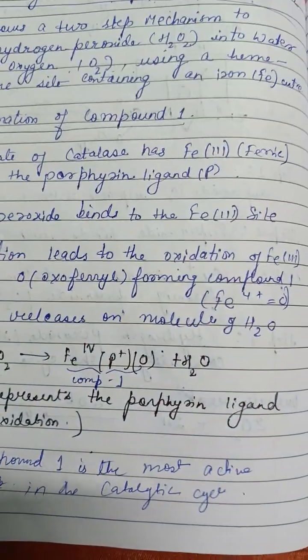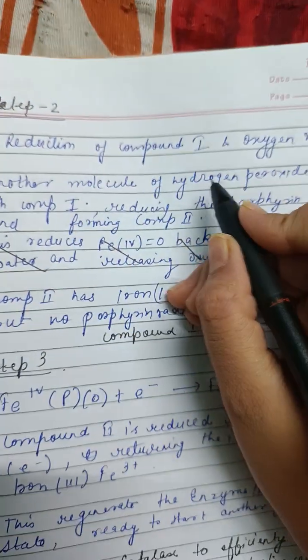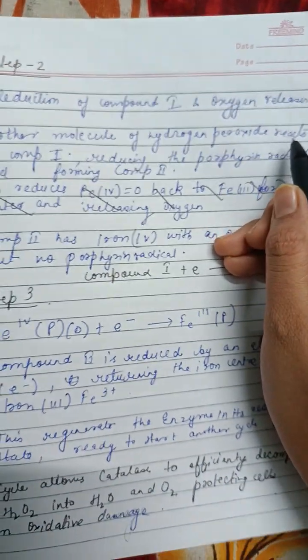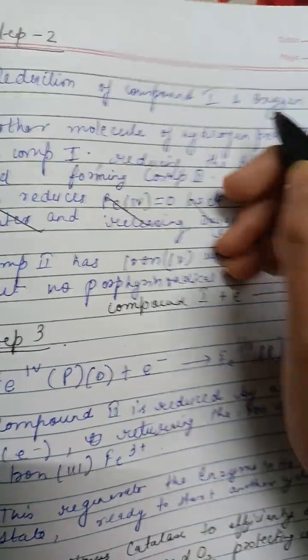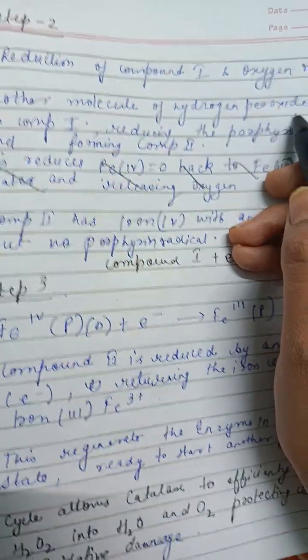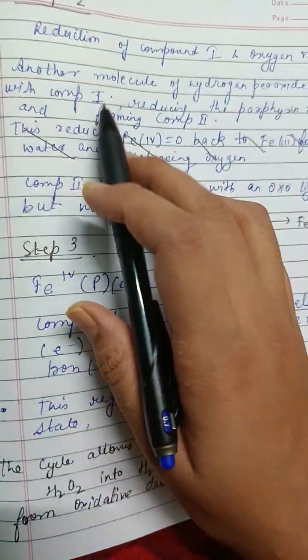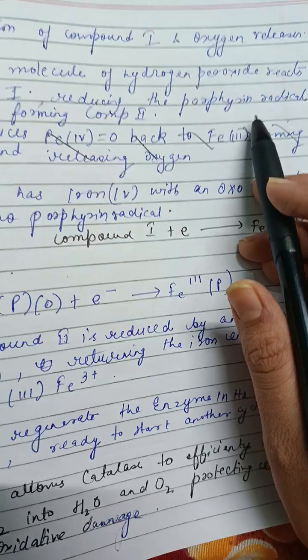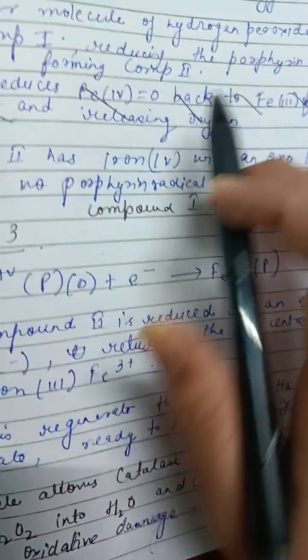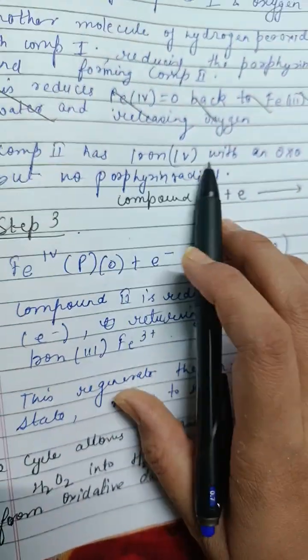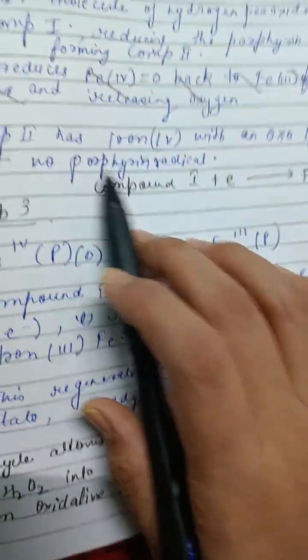Compound 1 is the most active intermediate in the catalytic reaction, meaning the process won't stop here. We are going to have the next step. What is the next step? Step 2, the reduction of compound 1 and oxygen release. Another molecule of hydrogen peroxide will react with compound 1, reducing the porphyrin radical and forming compound 2. Compound 2 has iron 4 with an oxo ligand but no porphyrin radical.